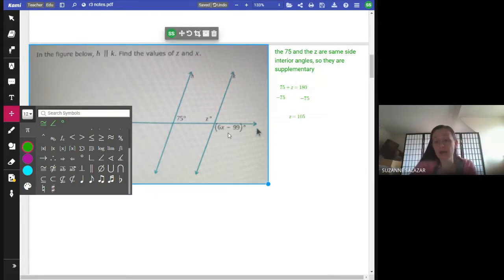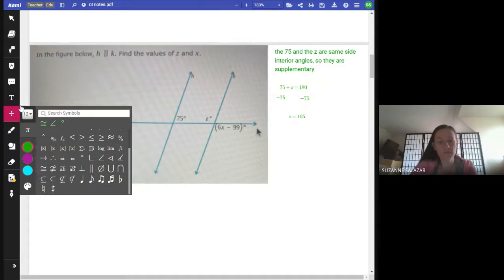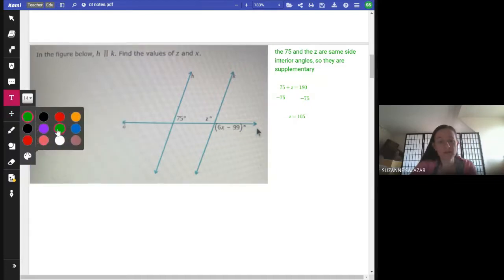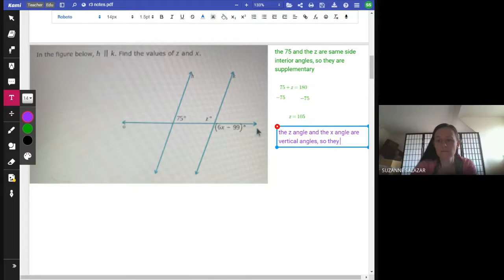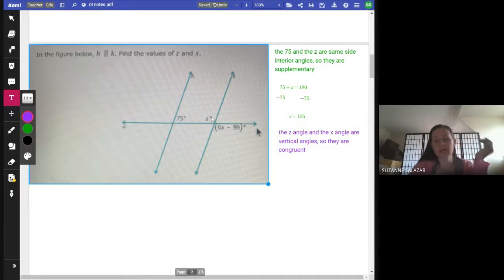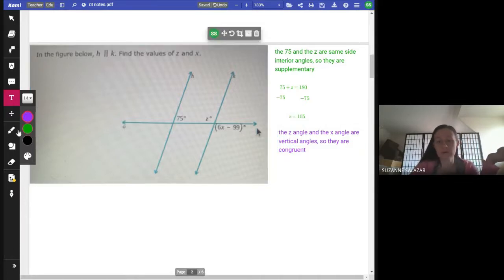The Z angle and the X angle are vertical angles. So now we will pick a not Christmas color. We'll go purple. That is not how we spell congruent. So the Z angle and the X angle are vertical angles, so they're congruent to each other.